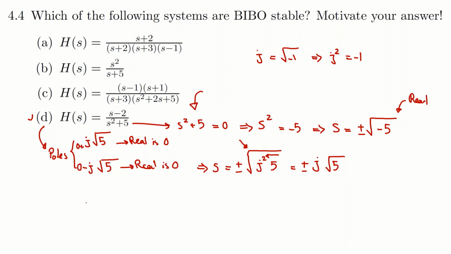And as I said, if a system is to be BIBO stable, then the real parts of the poles of its transfer function should be negative, which is not the case here. So that means this system is not BIBO stable.